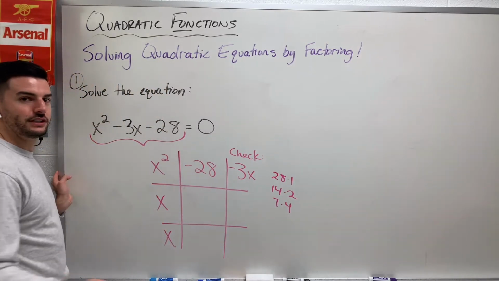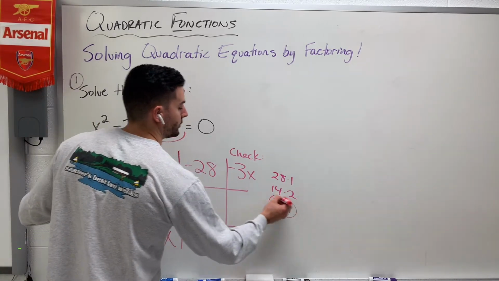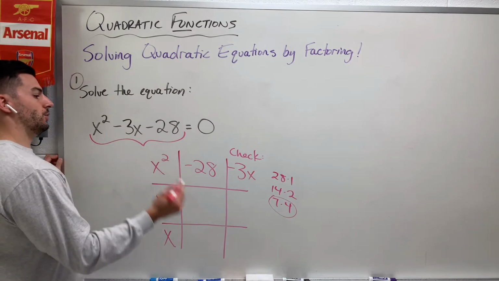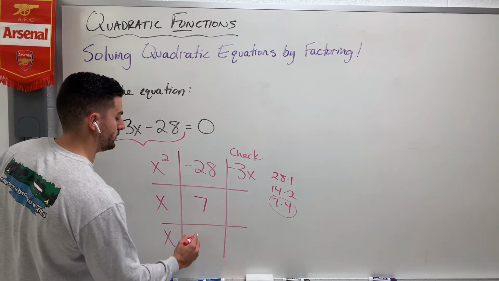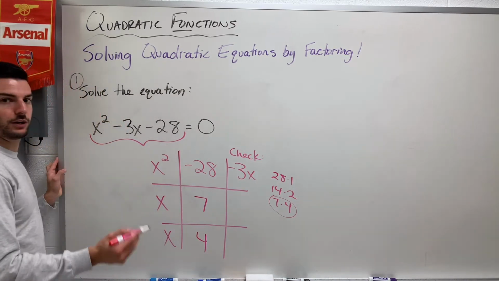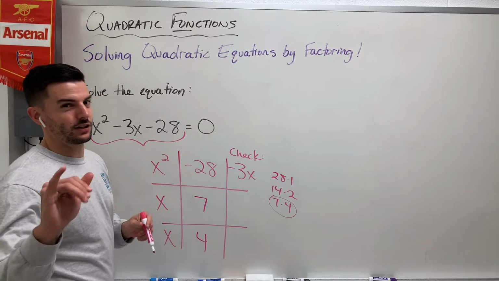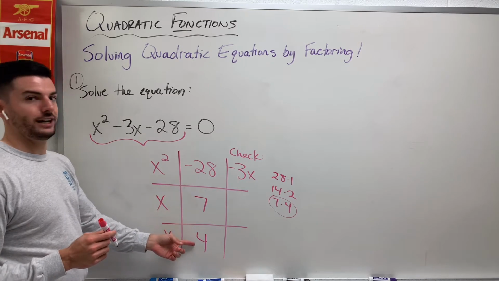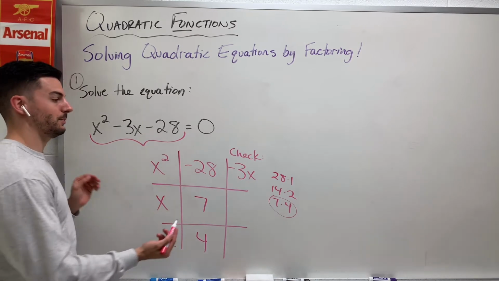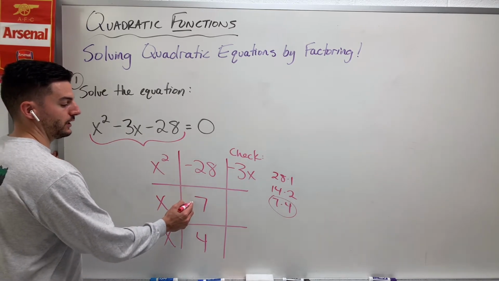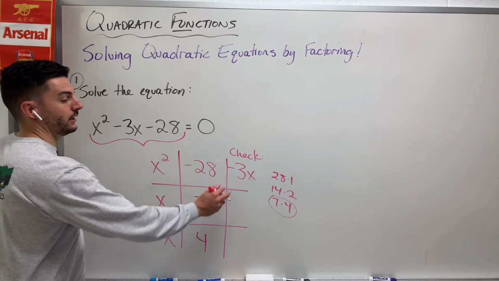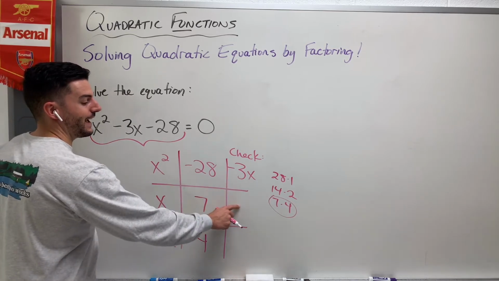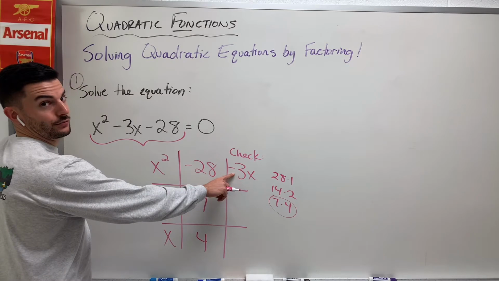Usually it's a good idea to start with the ones that are closer together. So 7 and 4, let's just throw those in there. But let's make one of them negative. Here's a little bit of forward thinking for you. In the past when I've shown these, I've just made one negative randomly. But thinking ahead, either the 7 is negative or the 4 is negative, and I'm trying to get those to add to negative 3.